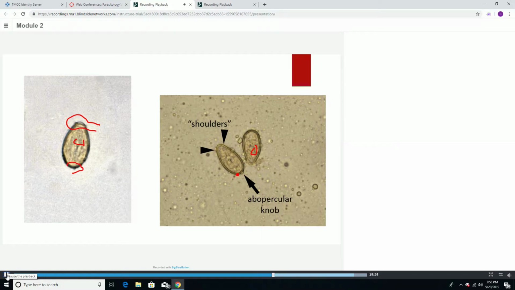You see that little knob present at the end of the egg. So this is the Clonorchis sinensis egg. These little shoulders and just the structure of the egg, the way it looks, is how you diagnose this egg, and it's really kind of standalone.